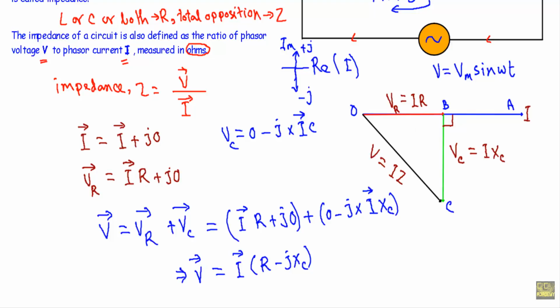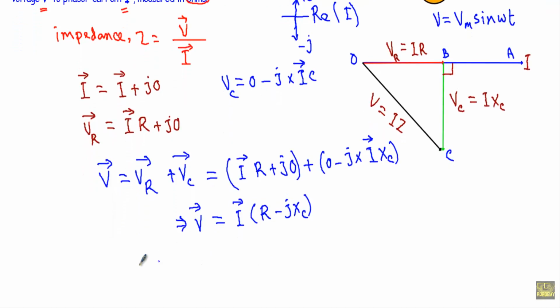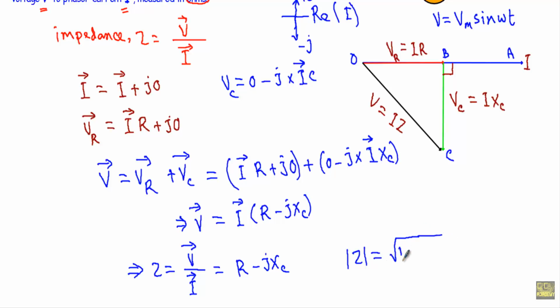Now I have the voltage phasor and current phasor. If I take the ratio of voltage phasor V and current phasor I, I get our impedance, and that will be R minus jXC. So the impedance of the RC series circuit will be R minus jXC. The magnitude of this impedance will be the square root of R square plus XC square.